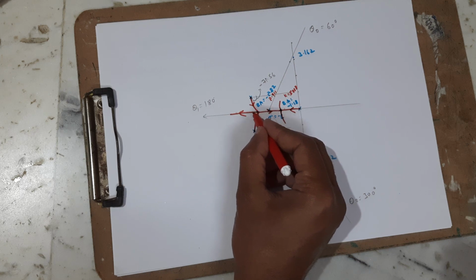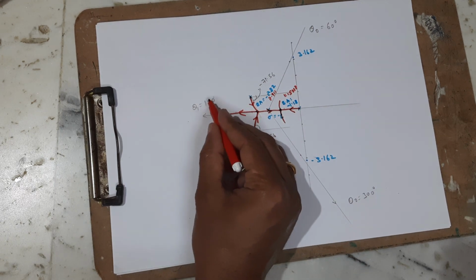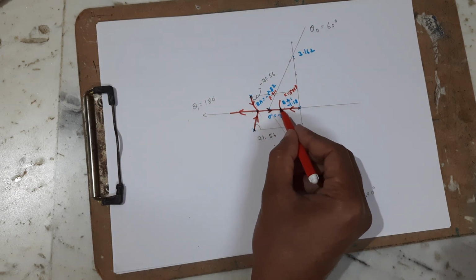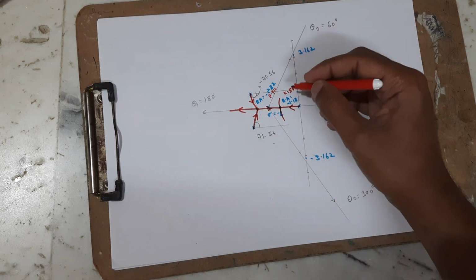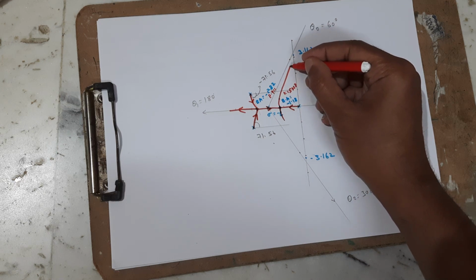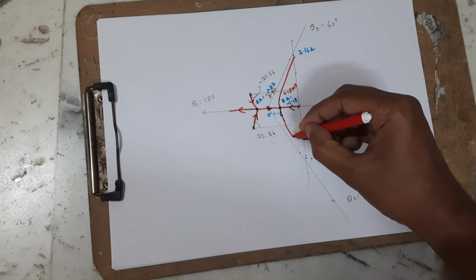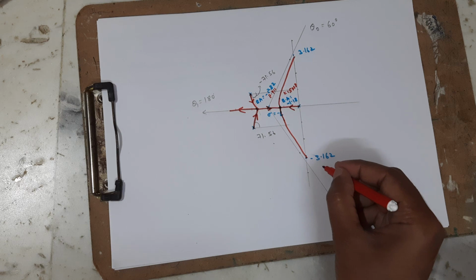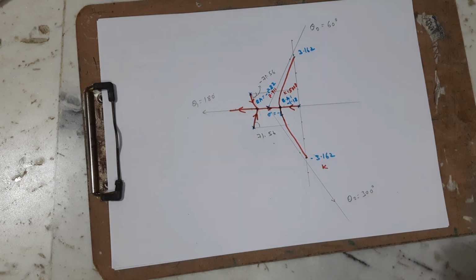From this breakaway, one of the branches is going to end at infinity following theta 1 equal to 180 degrees, and another branch is going to come to the other breakaway point. At this point it is going to break and move towards the intersection of the root locus, that is 3.162 and minus 3.162. At this value, k is equal to how much? We found out the k margin.